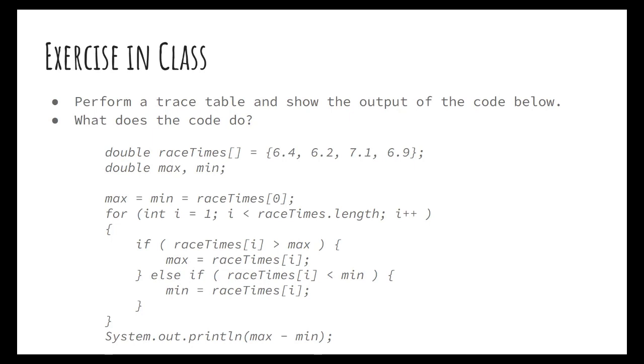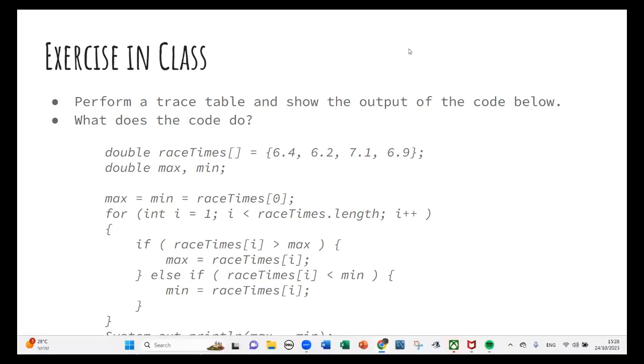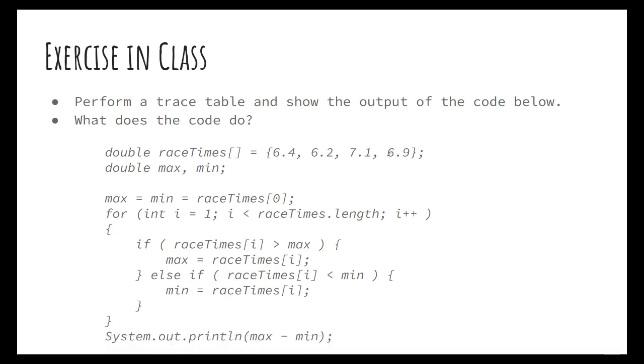I remind you, a trace table should hold a column for each variable that changes. And in case of an array, I recommend writing one column for it, arr times, with the I position. So whenever the I changes, you'll show what value you're looking at. If I wasn't clear, I'm just going to do it here on the side to make sure you understand, but do it in your notebook.